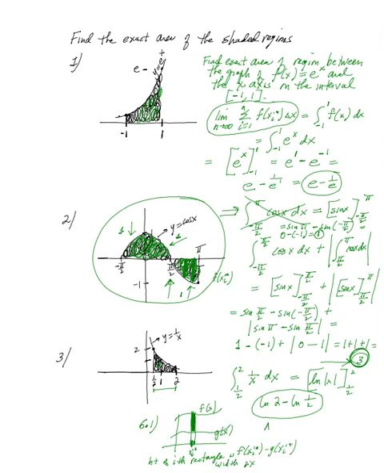So my area is just going to be the limit as n approaches infinity of the sum as i goes from 1 to n of the height, which would be f of x sub i star minus g of x sub i star, times delta x. But that is what?